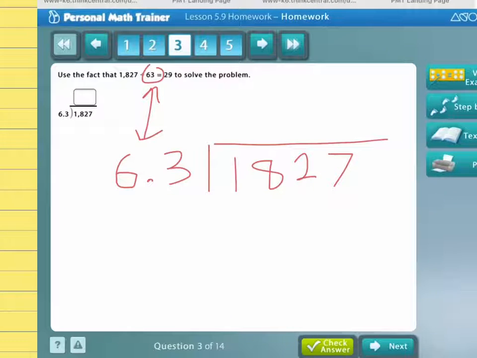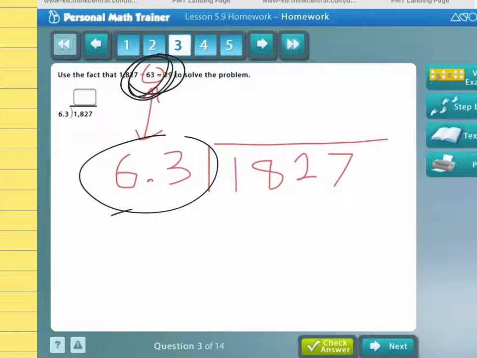Same problem here, except this time they're putting a decimal point in the divisor. So if you look here, this divisor in this problem is 63 and this is 6.3. So this divisor is 10 times as big as this divisor here.